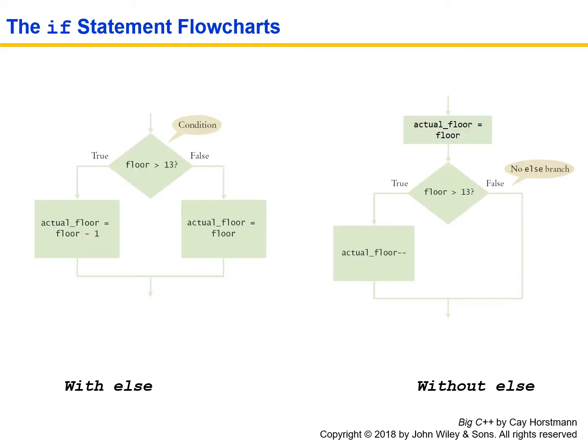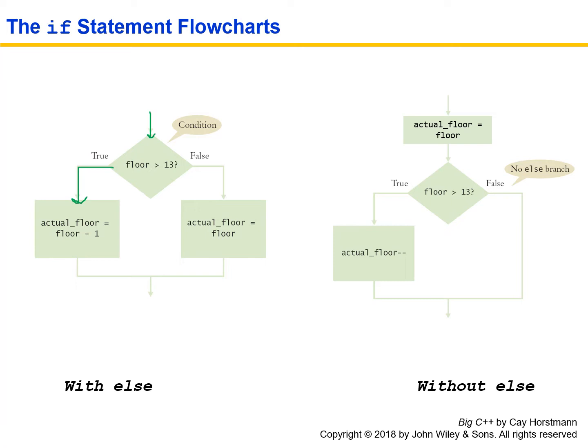And this is what those two look like in flowchart form. You can see that the flow of the program hits this floor greater than 13 question mark. If it's true, that means we need to set actual floor to floor minus 1.